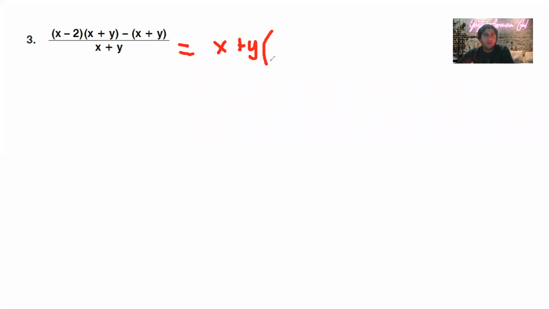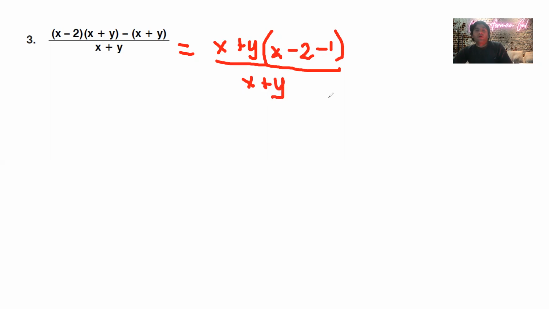So when I factor out x plus y, this is going to be (x minus 2 minus 1), over x plus y.